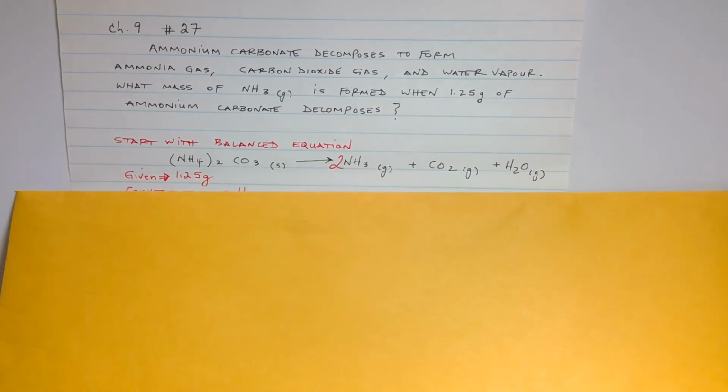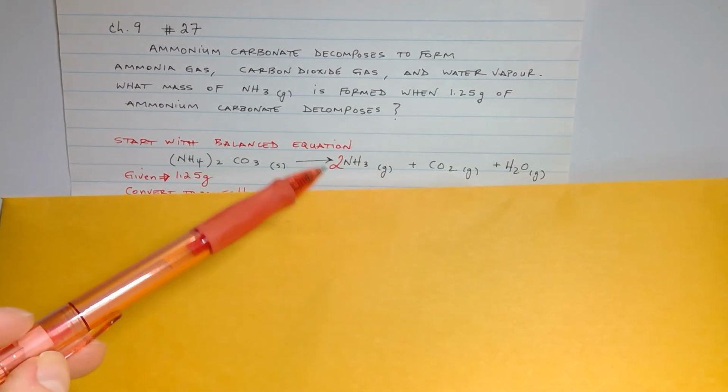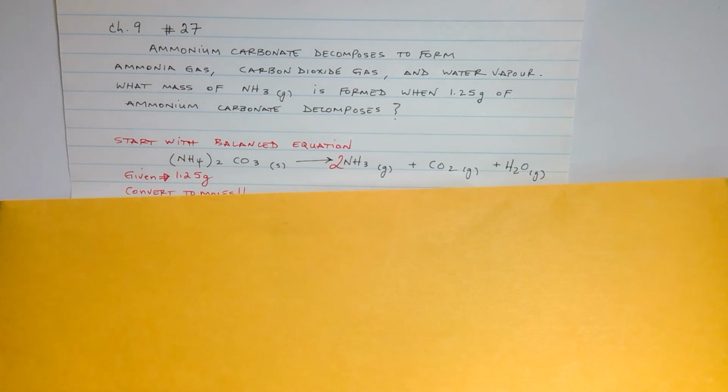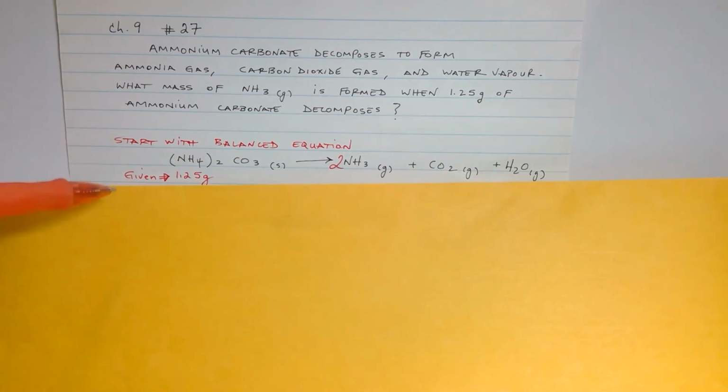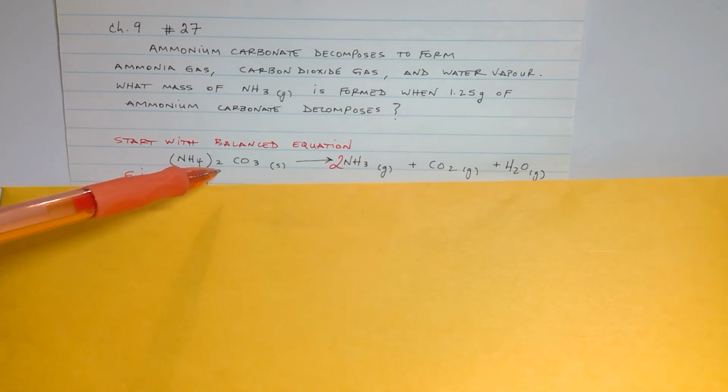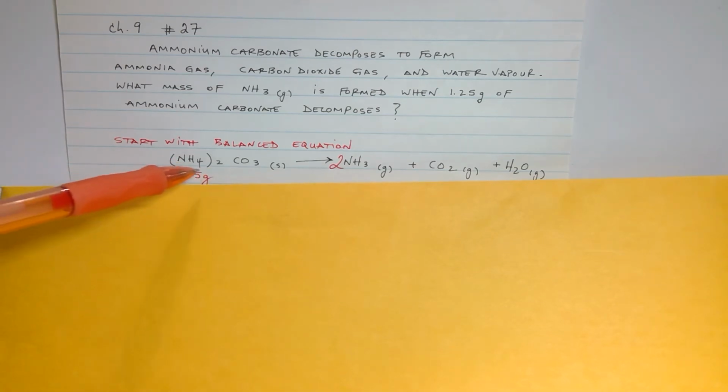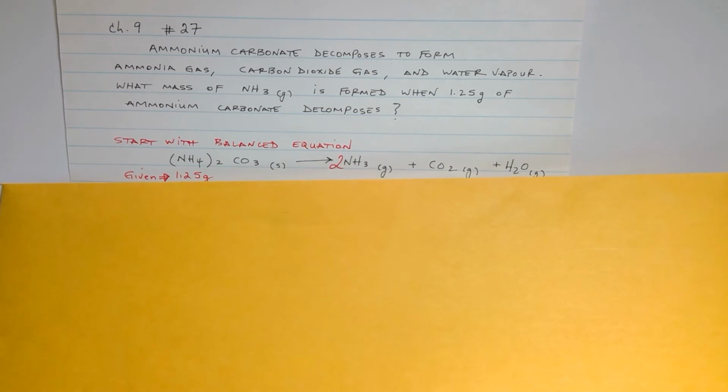As it turns out, as soon as I put that 2 to balance the nitrogen, I was actually in good shape, because that 2 outside tells me I have 2 N's and then 2 times 4, 8 hydrogens. If you look on the other side, the 2 in front of the ammonia gas tells me that I have 6 hydrogens in that ammonia gas, right? 2 times 3 is 6, plus the water, 2 more.